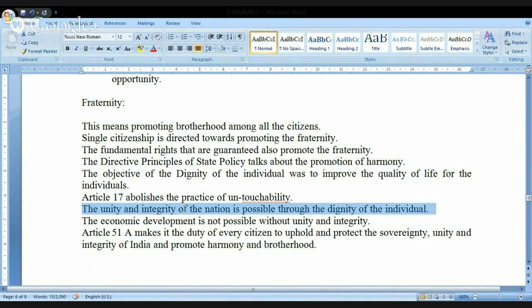Otherwise, it becomes very difficult for the nation to promote unity and integrity. Economic development is also not possible without unity and integrity. Hopefully, you will understand all the points. But I want you to understand the meaning of each and every word. These words we are going to use in our future classes.